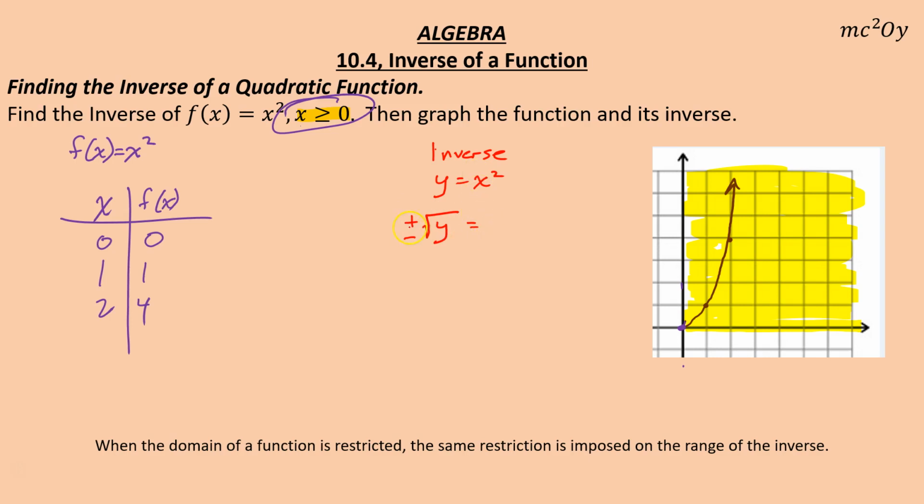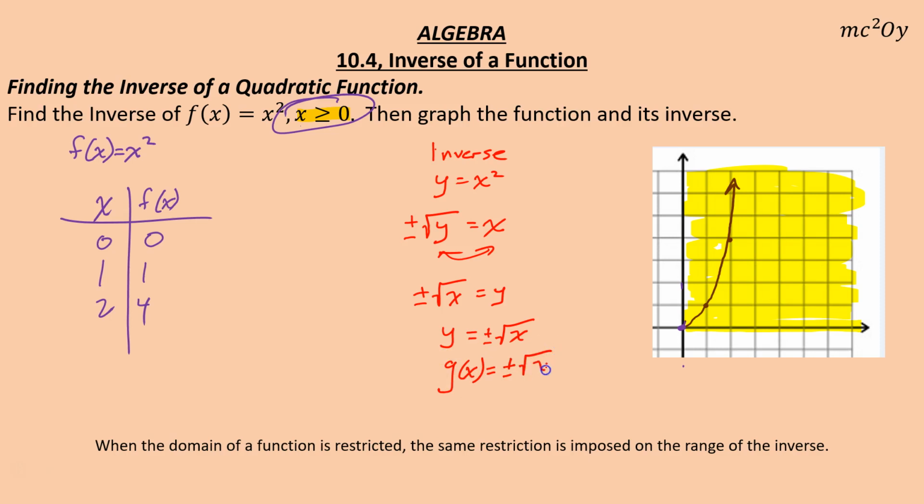Remember, when you take the square root, you have to put plus or minus. That equals x. And switch x and y at the end. So now we have plus or minus the root of x equals y. Let's rewrite it with the y over here and the x over here, and then we'll call it g of x.